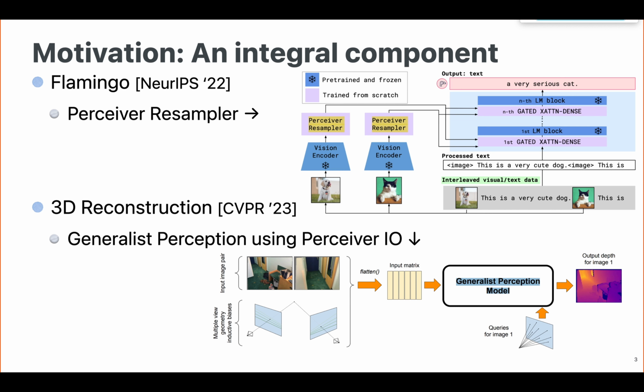It turns out that the Perceiver architecture has been an integral component of multiple other works. For example, this is a recent work also from DeepMind, on 3D reconstruction. They are using Perceiver as a general perception model to provide bounding boxes.